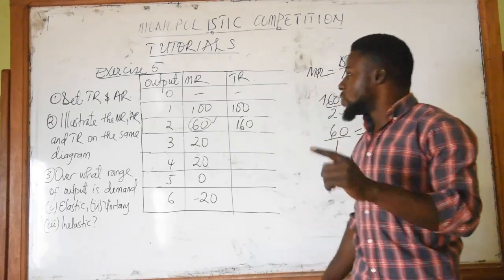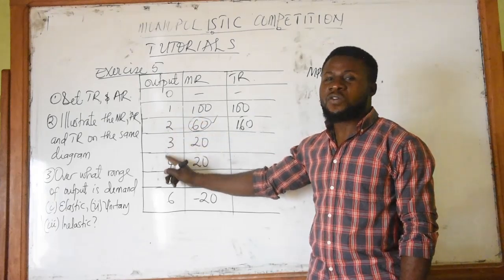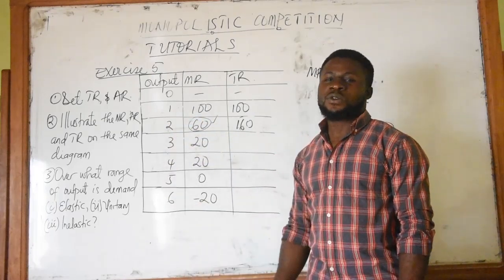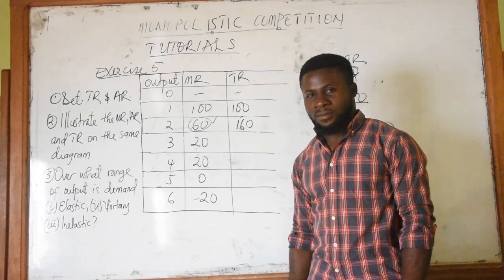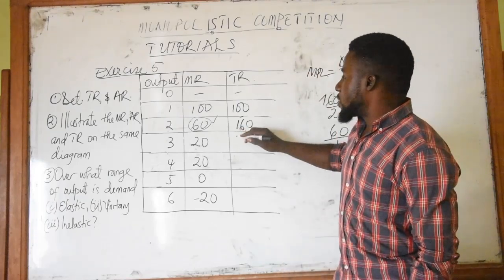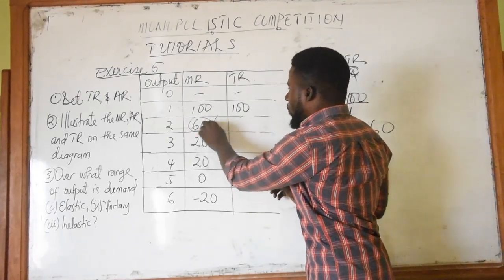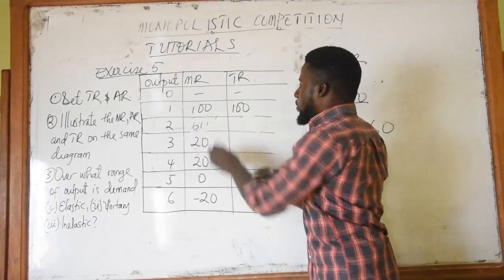If you realize that your output is changing by corresponding values of 1, as it is here, you can also do diagonal summation. What do I mean by diagonal summation? To get this 160, we had 60 here.